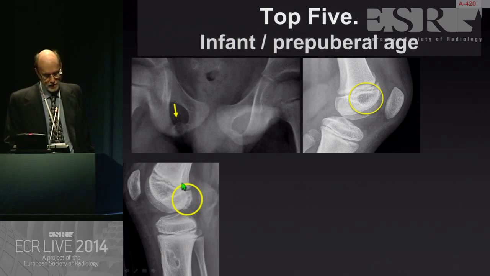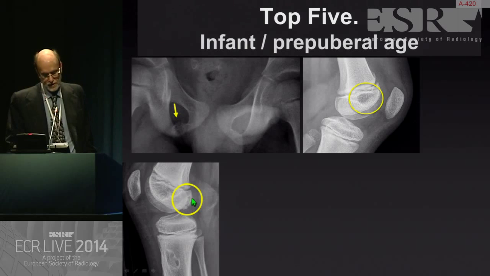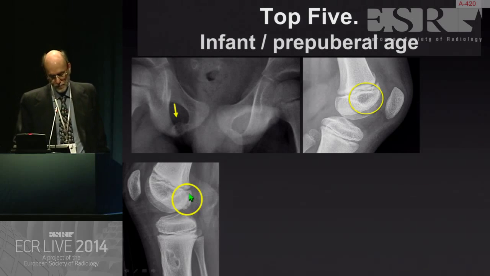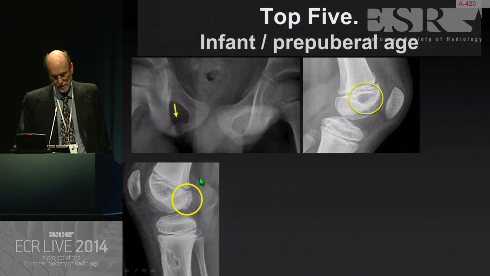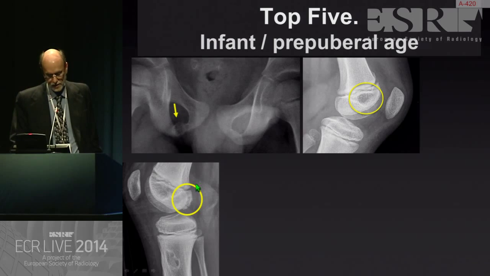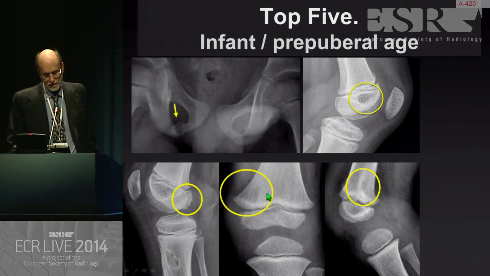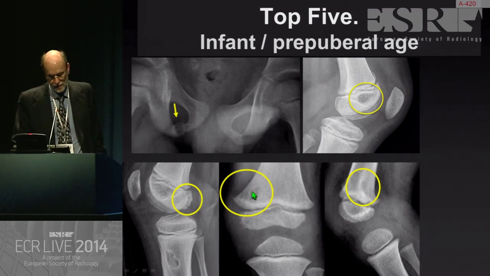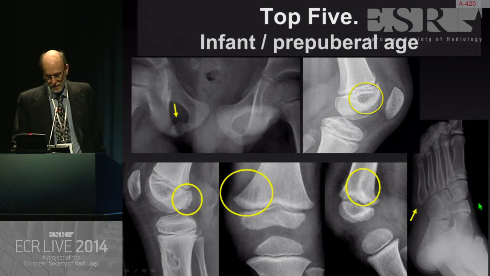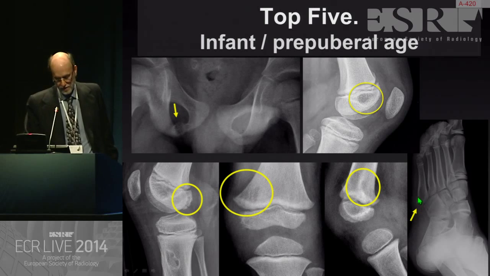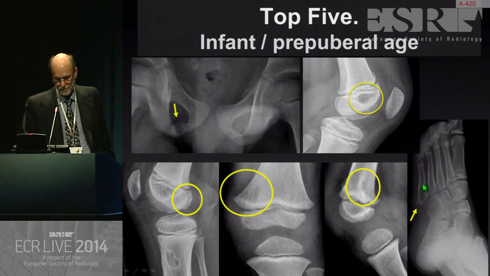The irregularity and fragmentation of several of the epiphyses, in this case the posterior lateral femoral condyle, not to be taken for osteochondritis dissecans. At the level of the knee, also the distal femoral cortical irregularity, always posteromedial and close to the physis. And the feet, the unfused apophysis of the 5th metatarsal.